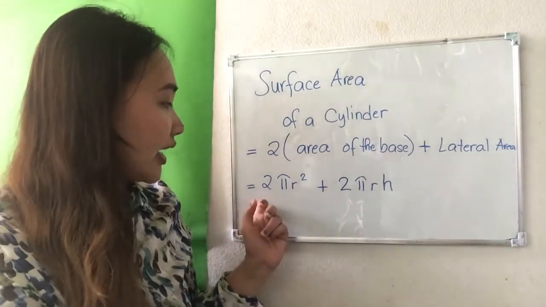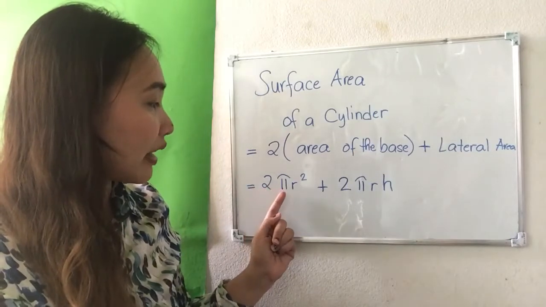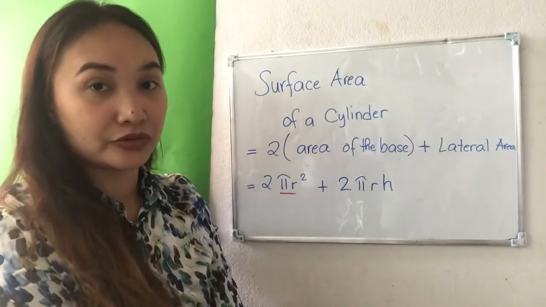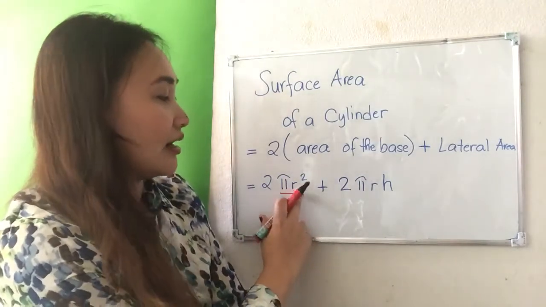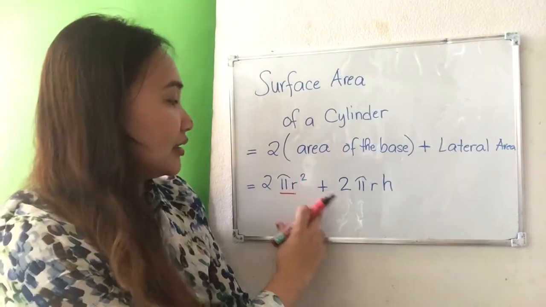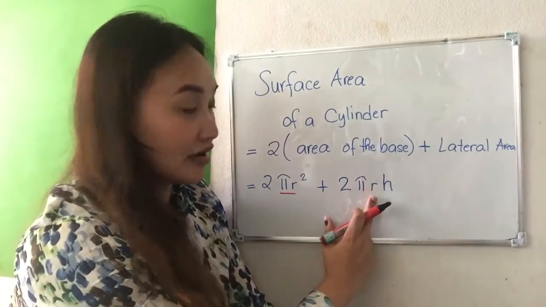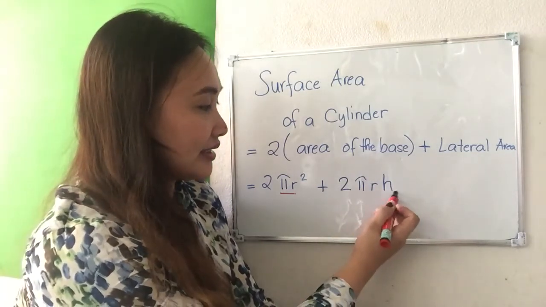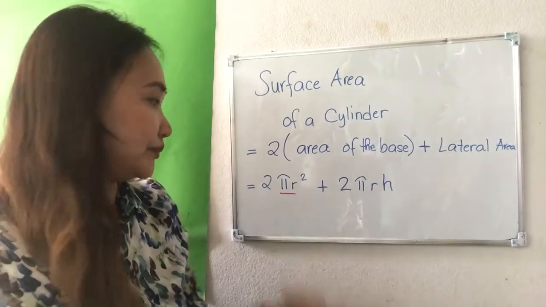So we sum up here 2 times the area of the base. The base of a cylinder, of course, is a circle, so the circle is pi r squared, plus 2 pi r times the height. Right? So this is the formula.